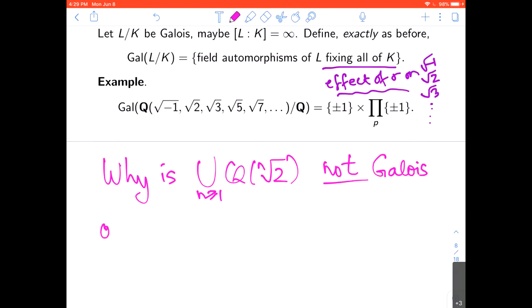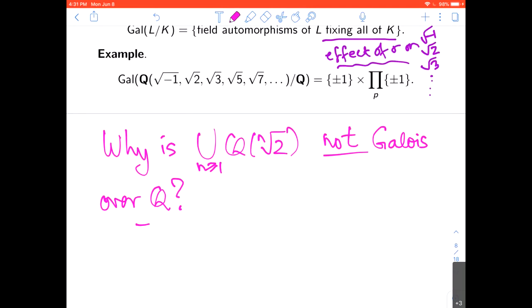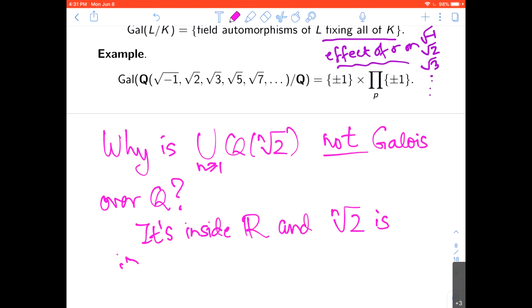A reason it isn't is that you can think about it inside the real numbers. The real nth root of 2 is inside the field, but the non-real nth roots of 2 are not.